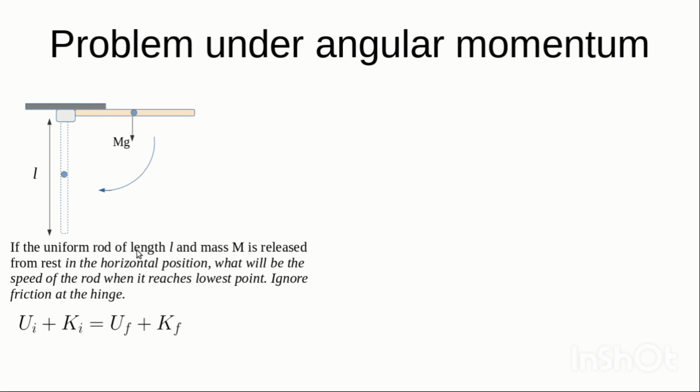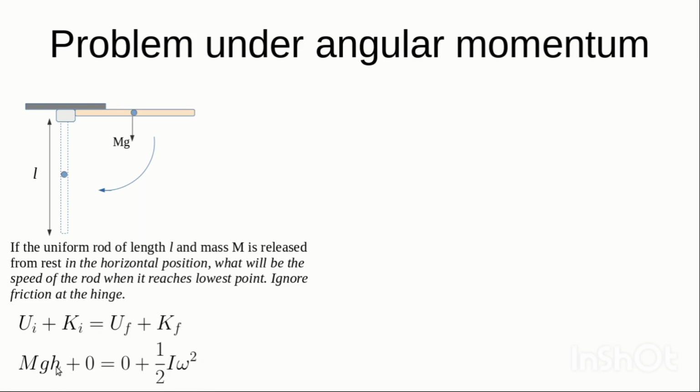It is the kinetic energy of a rotating object, which gives us mgh plus 0 equals 0 plus half of I omega squared, where I is the moment of inertia of this particular rod. So this is the kinetic energy for a rotating object.